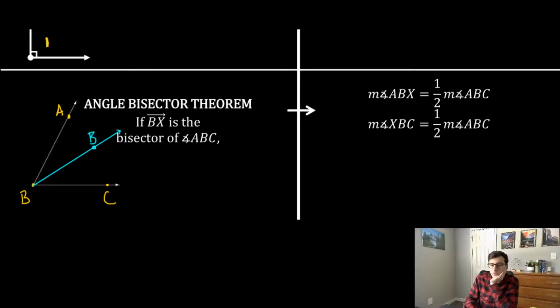Then the measure of angle ABX is half the measure of ABC, and the measure of angle XBC is half the measure of angle ABC. So that's the angle bisector theorem.